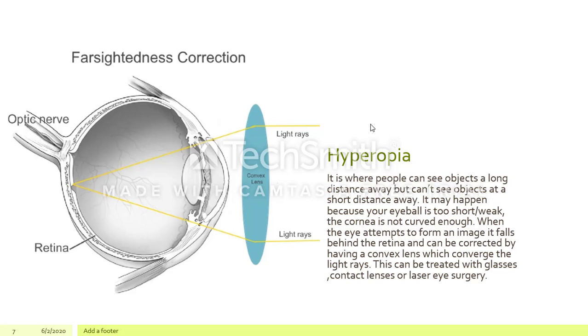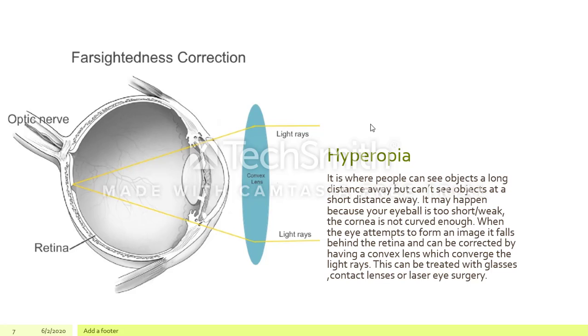Hyperopia is the opposite of myopia, so people can't see objects a long distance away but can see objects a short distance away. It may happen because your eyeball is too short. The cornea is not curved enough, so it's weak.